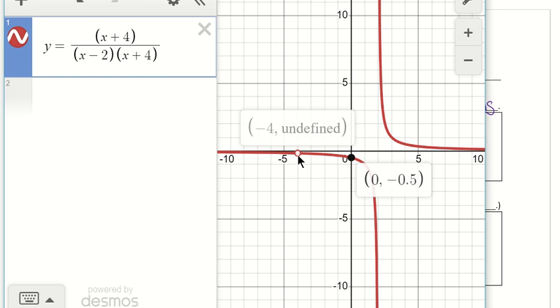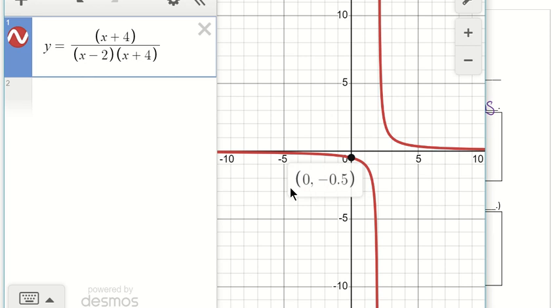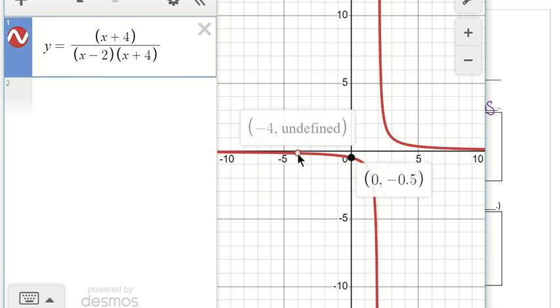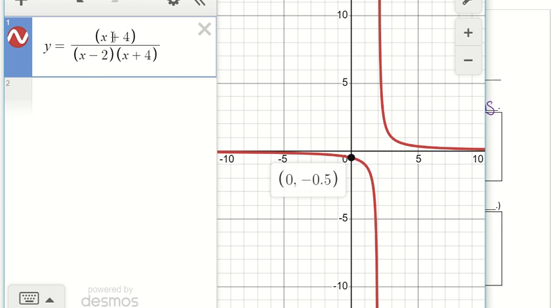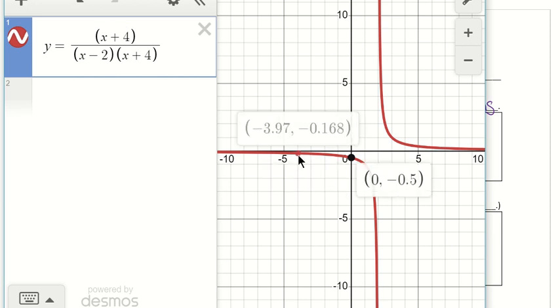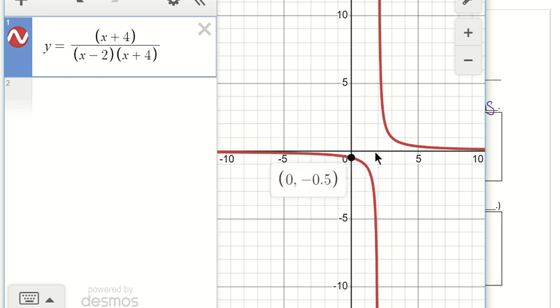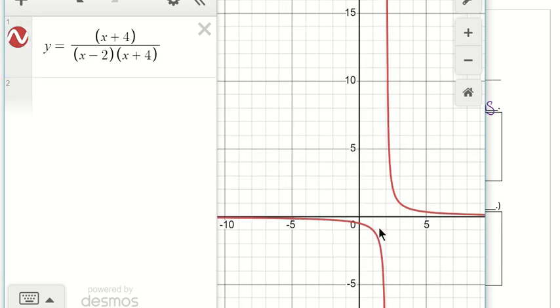There's a hole in the graph. It's hard to see on Desmos because if I let go of my mouse, it goes away. So you have to know where to look for it. And the only way to do that is by finding the factors that cancel. So here we have a hole in the graph. You can see the dot changes because there is a super teeny tiny gap in our graph at negative 4. So holes occur where things cancel, and then of course we still have that vertical asymptote at positive 2.